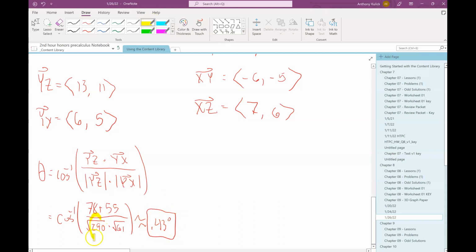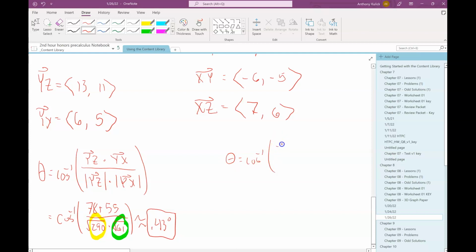Notice that along the way, we also got the side length for YZ and the side length for YX. So I'm not going to bother to separate those out because they're right there. And then I do the same thing over here for this one.